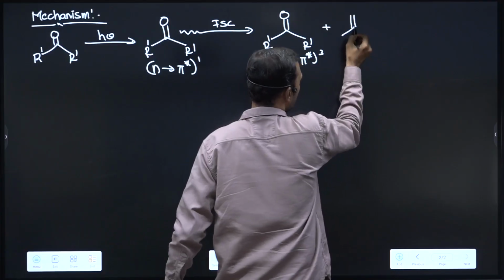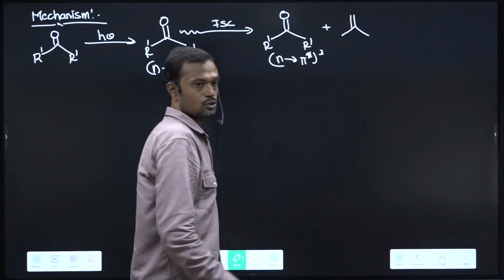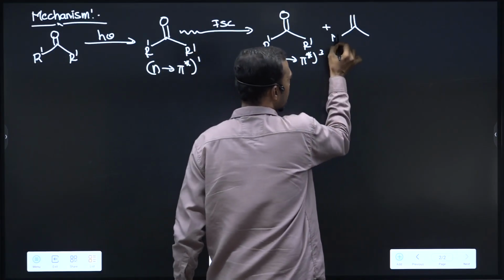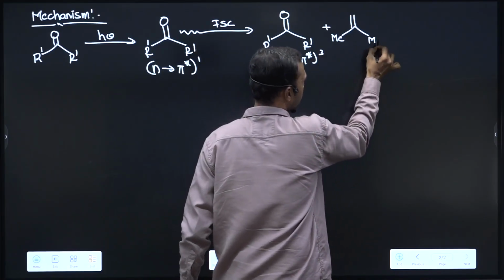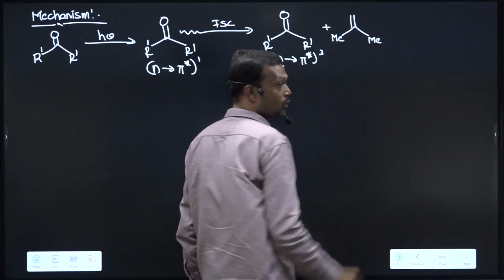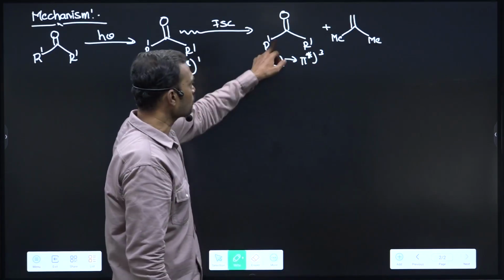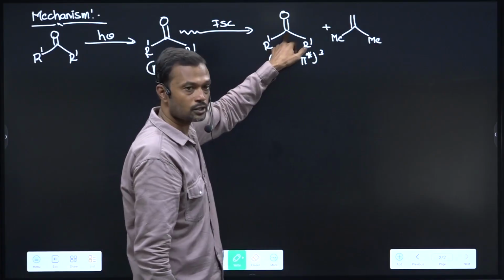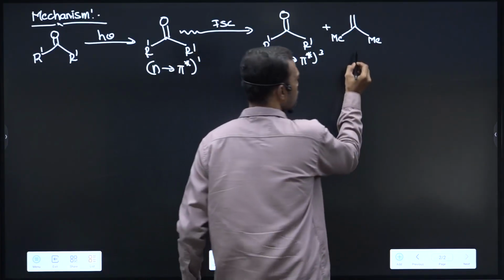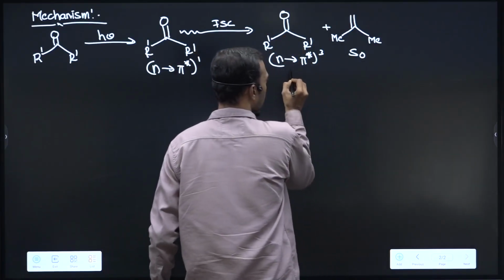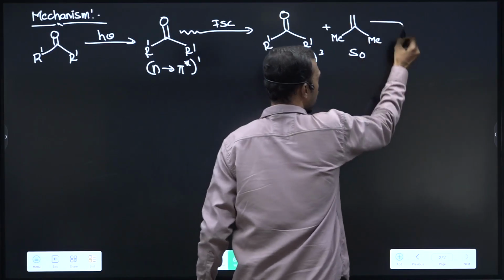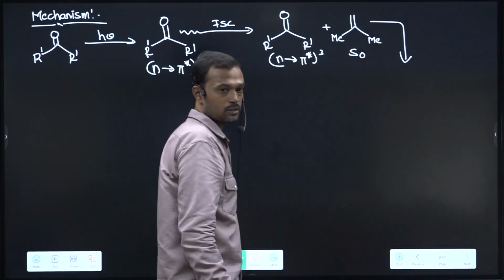See, I am taking an unsymmetric olefin, so this is methyl and here also methyl. Definitely try to take unsymmetric olefin only. Is it a ground state? No, it is excited state triplet. Here ground state, so I am writing S0. What about here? T1.